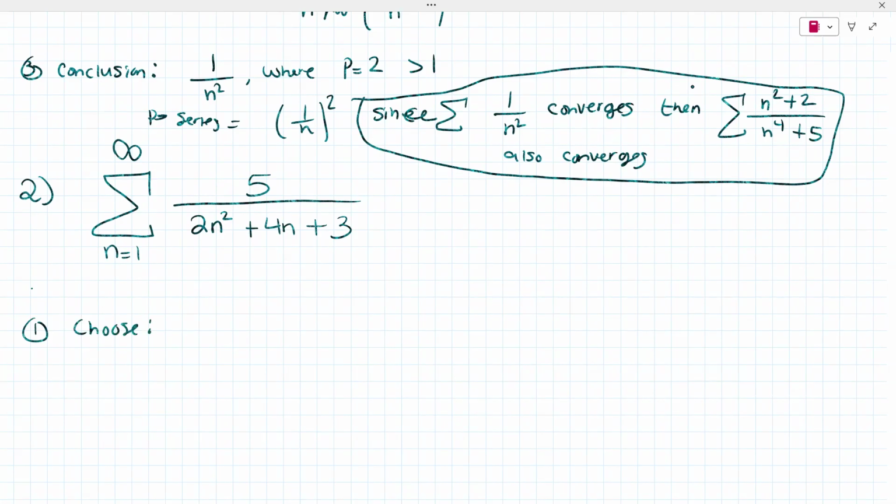So choose the highest term on the top and the highest term on the bottom. My highest term on the top is just 5. The highest term on the bottom is 2n squared. You can rewrite that as a p-series: factor out 5 over 2, and then this is going to be 1 over n squared. So this is definitely a p-series.